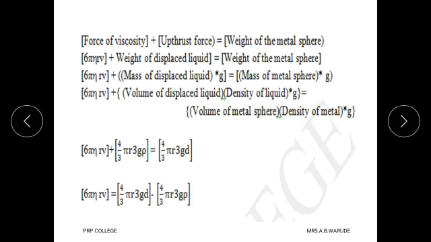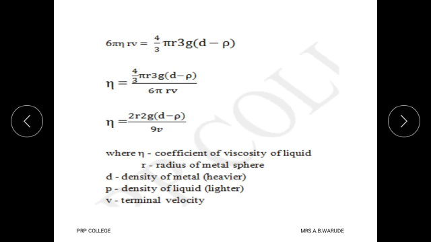Here 4 by 3 pi r cube is common, we take it outside the bracket, so the equation is 6 pi eta RV is equal to 4 upon 3 pi r cube, g is also common, in bracket D minus rho, where D is the density of metal sphere and rho is the density of liquid.